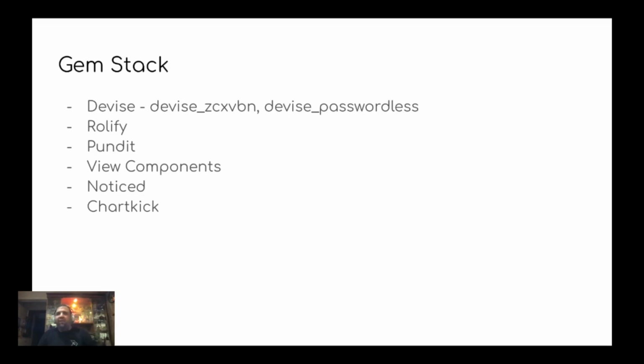We had Rolify to add roles like buyer and seller. We had Pundit to do the authorization and set some rules around who can access what, and what kind of dashboards can be accessed by whom.